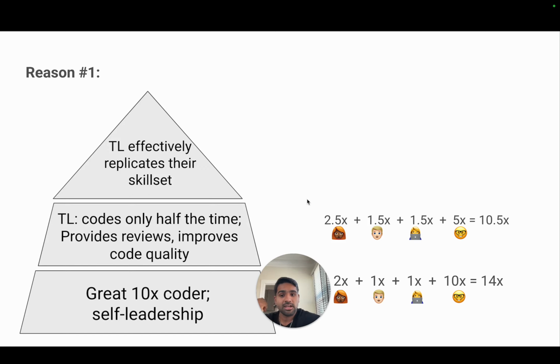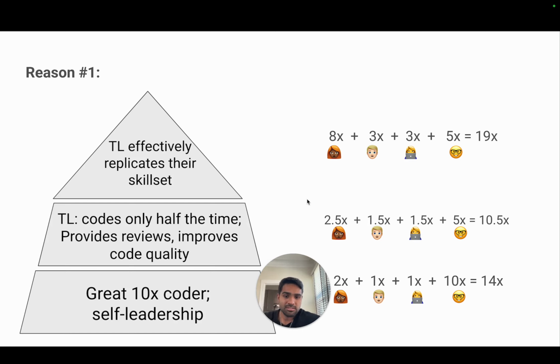An effective TL essentially replicates themselves, meaning that they have created copies of themselves. So other engineers are now 10x engineers. That's actually pretty hard to do. So sometimes what you may be able to do is improve the efficiency of other engineers by 50% or so. And don't get into what are the metrics of efficiency, but for the sake of argument, think of it as the total sum of output one can produce.